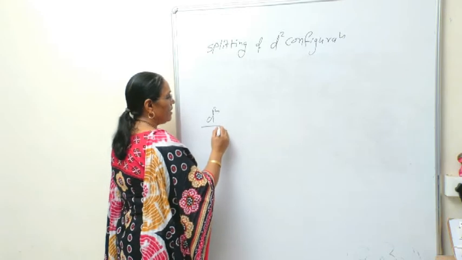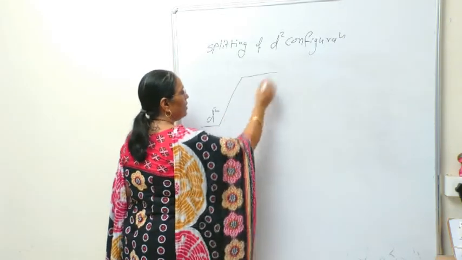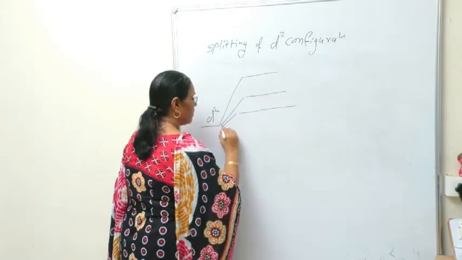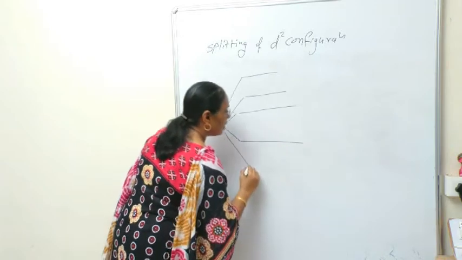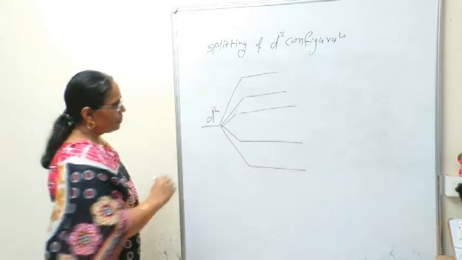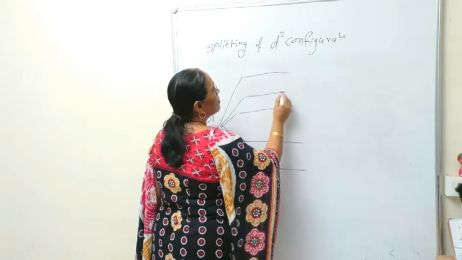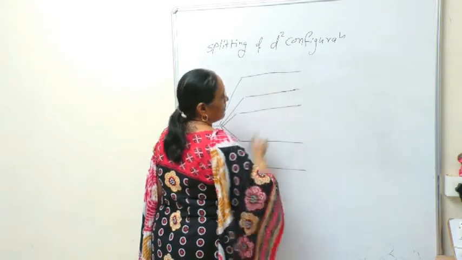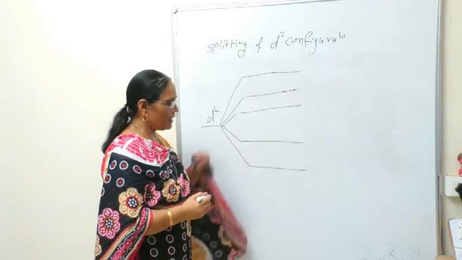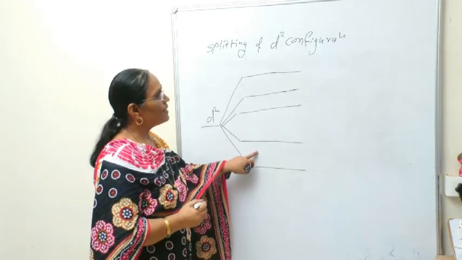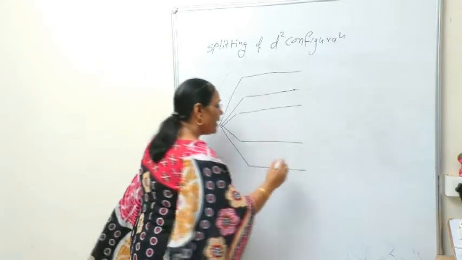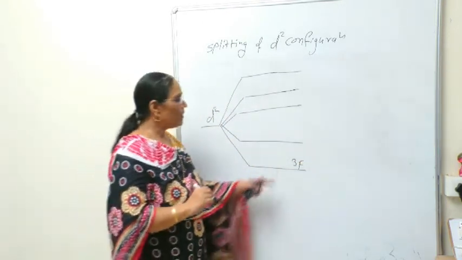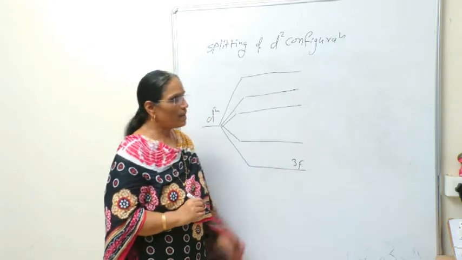From the microstate table we have seen that a total of 5 terms are obtained. And on the basis of Hund's rules, this is the ground state, lowest energy. According to the first and second rule, the triplet F state is at ground state because it has the highest spin multiplicity and highest orbital multiplicity.